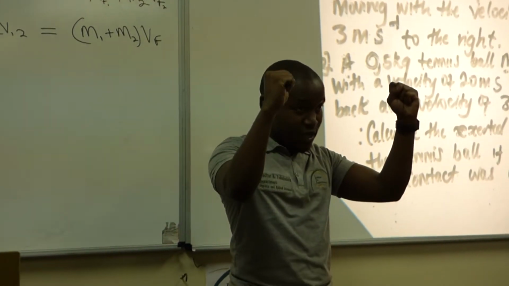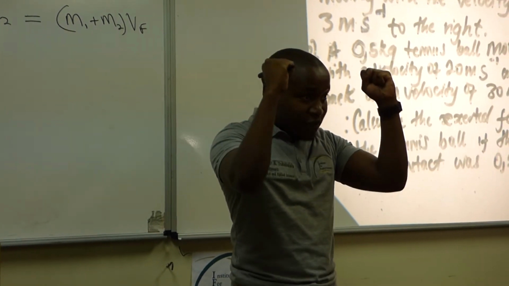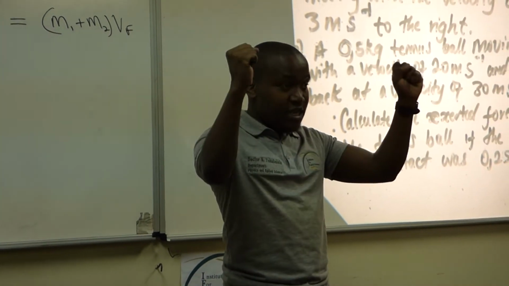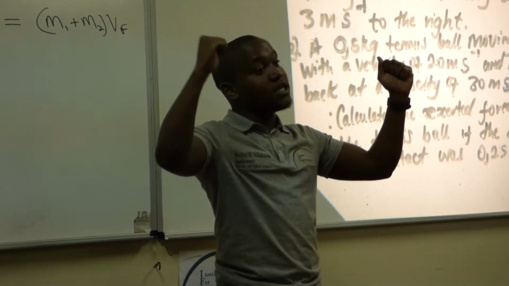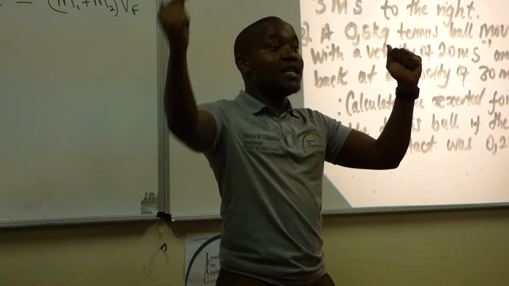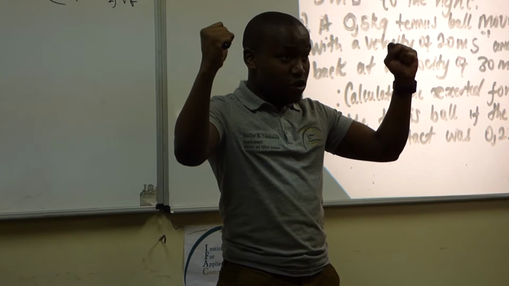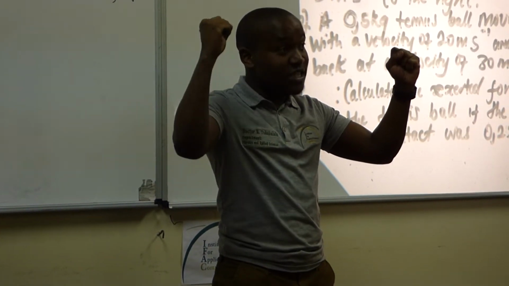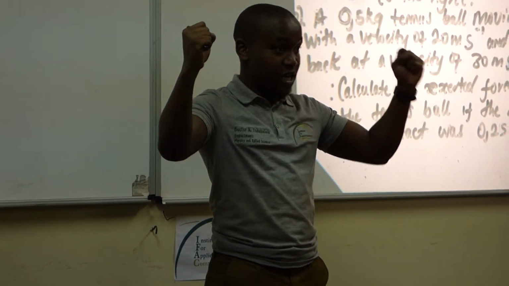After interaction, let's look at this experiment. It's very important. After interacting, they move separately. Can you see that the velocity of object 1, even after interaction, is not the same as the velocity of object 2, even after interaction?